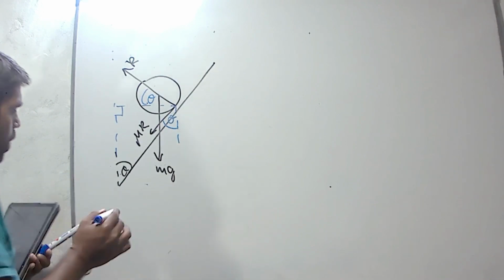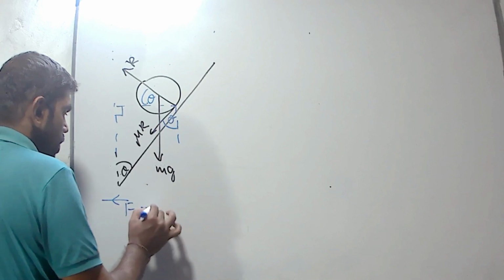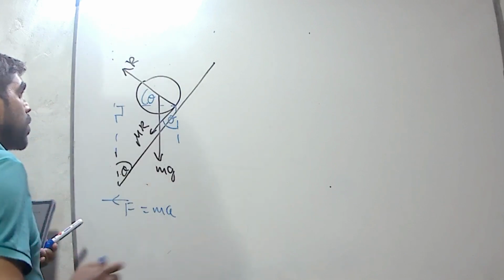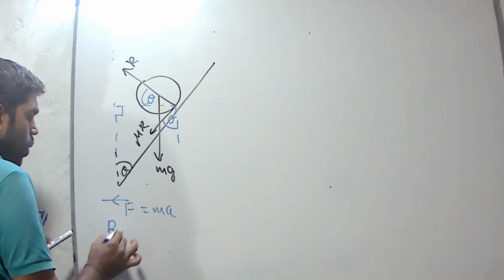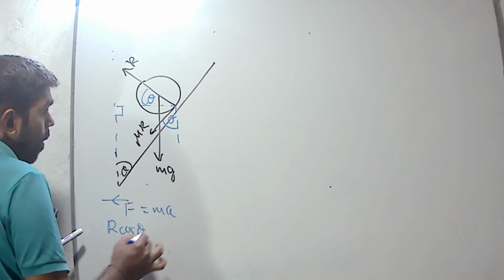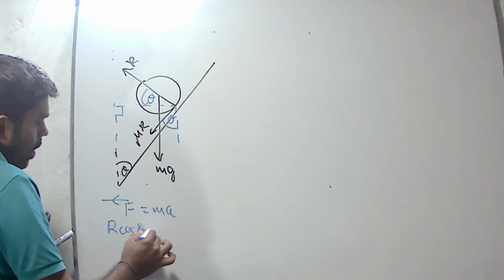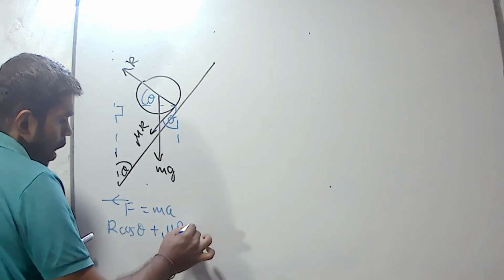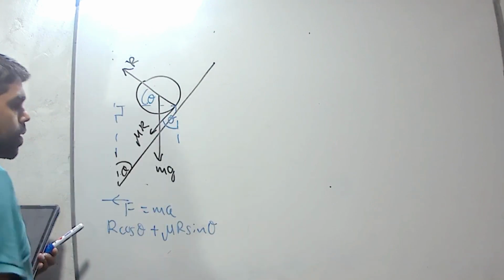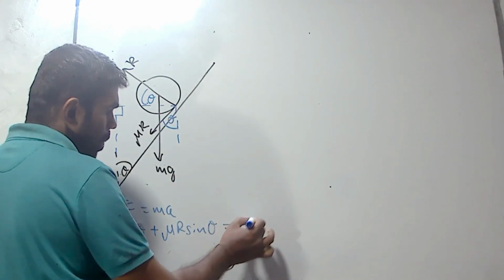Then we can use F equals ma towards the center. There is a force component of R cos theta, and there is a force component of mu R sin theta towards the center. It should be equal to ma.